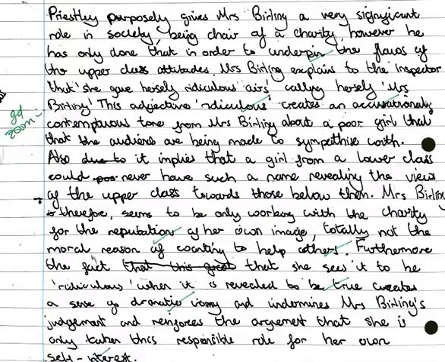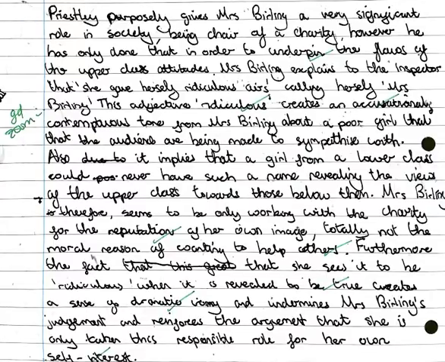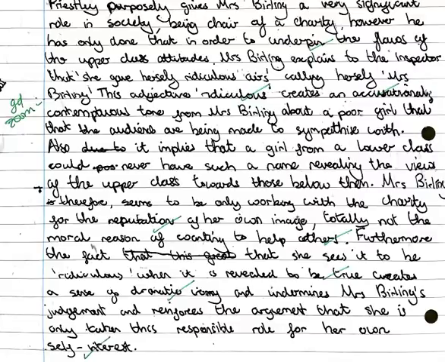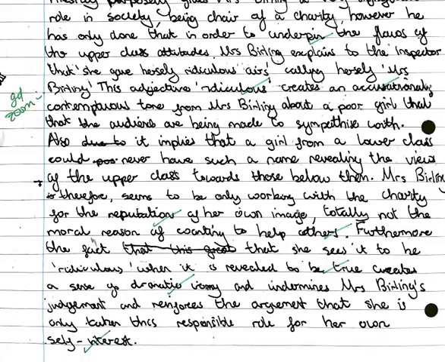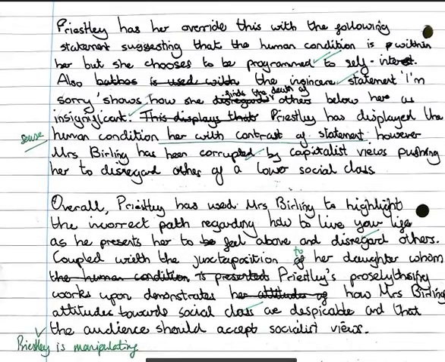Mrs. Birling, therefore, seems to be only working with the charity for the reputation of her own image, not the moral reason of wanting to help others. Furthermore, the fact that she sees it to be ridiculous when it's revealed to be true creates a sense of dramatic irony and undermines Mrs. Birling's judgment and reinforces the argument that she's only taken this responsible role for her own self-interest.